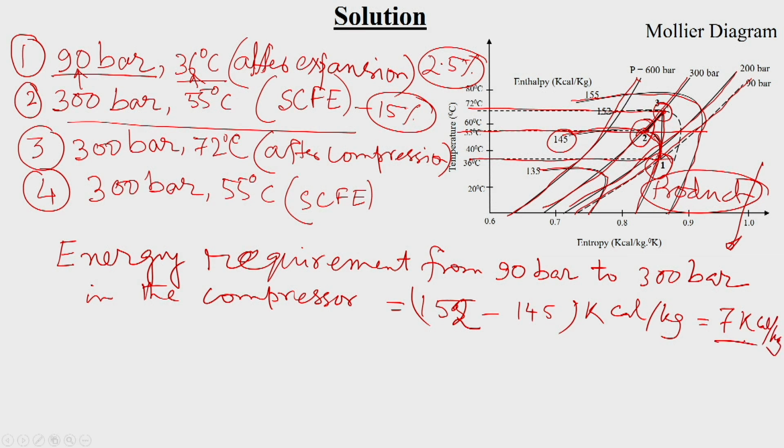So per kg of carbon dioxide compression we need 7 kilocalorie of energy.